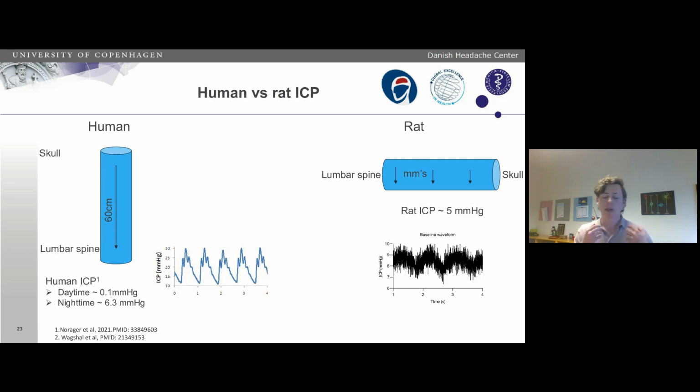So now we've discussed what we believe to be normal rat ICP, I just wanted to dwell a minute on the differences between human and rat ICP. So the biggest difference is that as humans, our spine is pretty much vertical all the time, whereas a rat spine is supine most of the time.